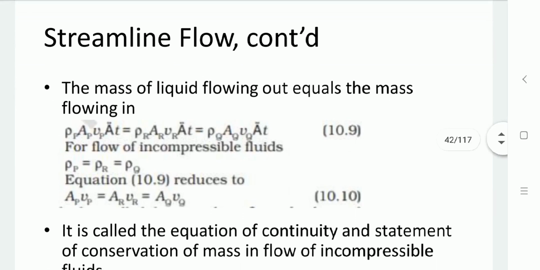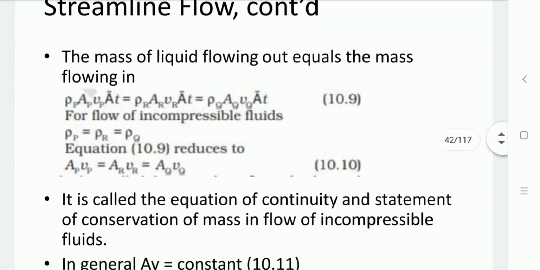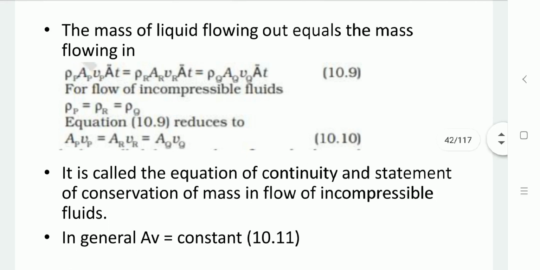Rho P AP VP delta T equals rho R AR VR delta T equals rho Q AQ VQ delta T. For an incompressible fluid, rho P equals rho R equals rho Q, the density of the fluid is the same. Then for the given time interval delta T, APVP equals ARVR equals AQVQ.